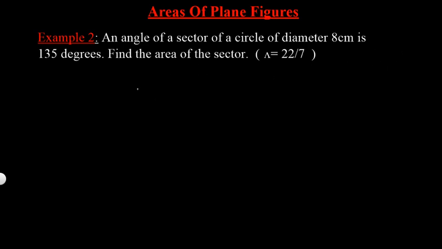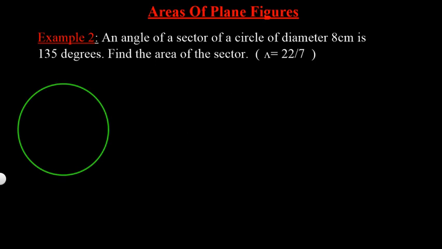We have another example here that says the angle of a sector of a circle of diameter 8. So if we try to bring out a circle, let's try to sketch a circle. Okay, let me sketch a bigger one.